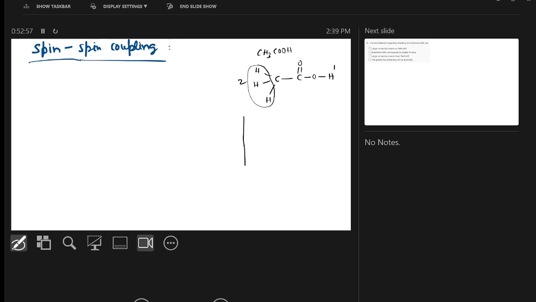If you draw the spectra, you'll get something like this. This is less shielded, so it will get less magnetic field, and this is more shielded, so it will get high magnetic field. But is this correct?